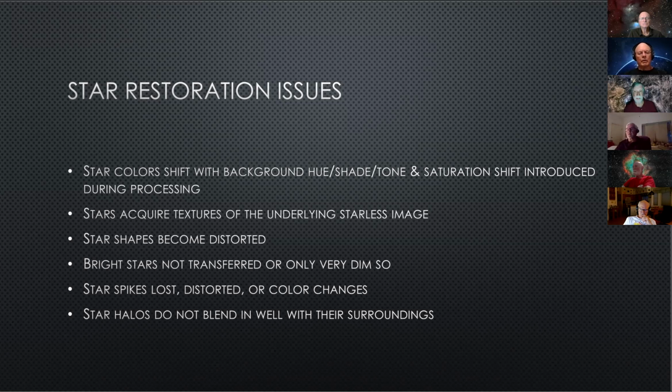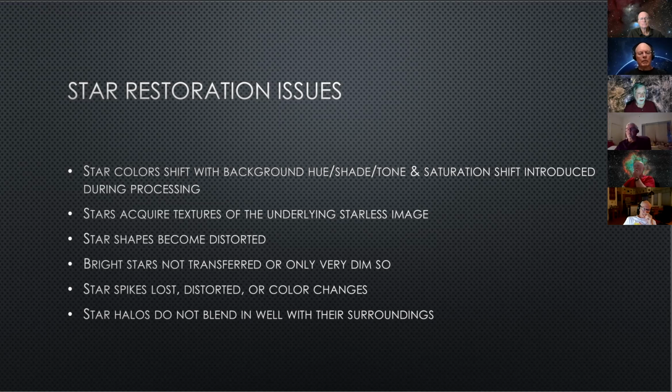Star shapes can become distorted because of the addition, simple addition, and we need a way around that. Bright stars are often not transferred to the image of stars only, or only dimly so. That's problematic, to say the least. I'm not sure what to tell you about overcoming that if you encounter that problem. I haven't found a way to overcome it.